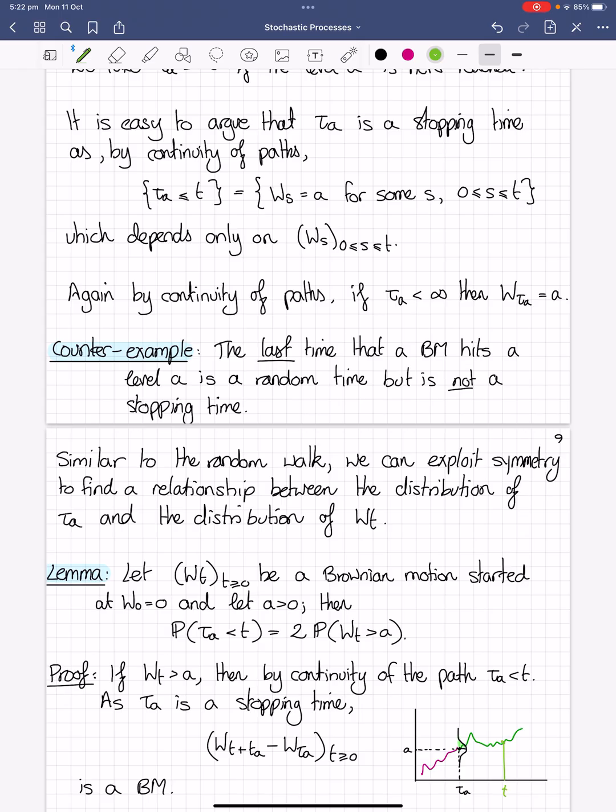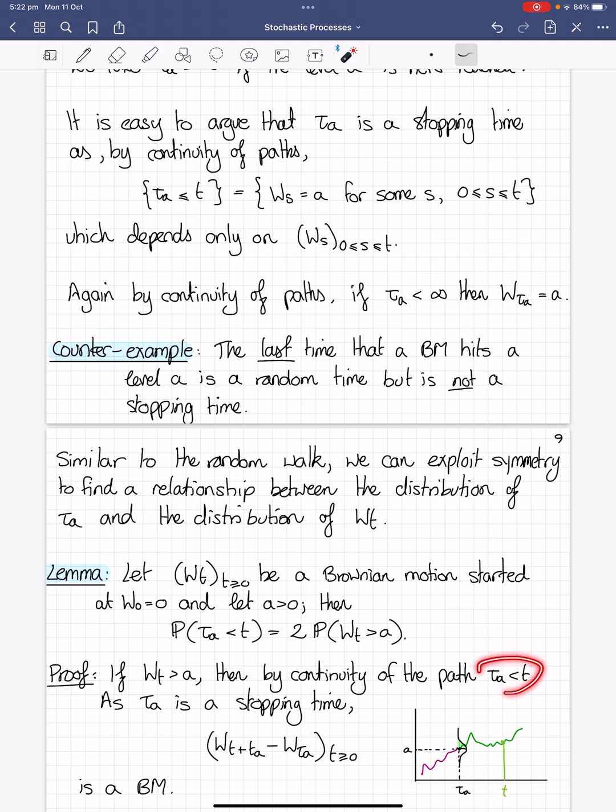Suppose at that time point t, it is above level A, which I'm going to denote by this level there, A. That means that by continuity of paths, the only way it could have got up to this level is if it actually went through level A at some time point before t.